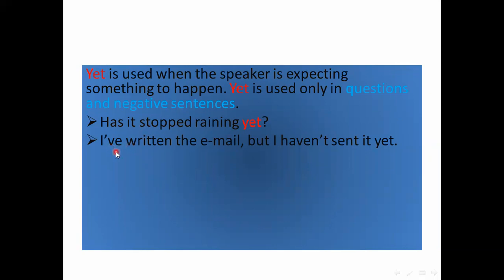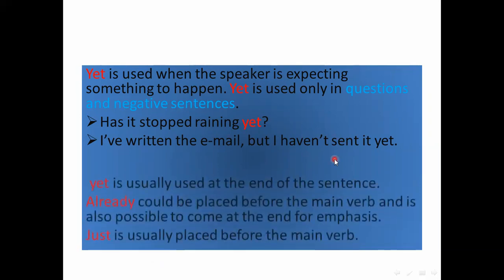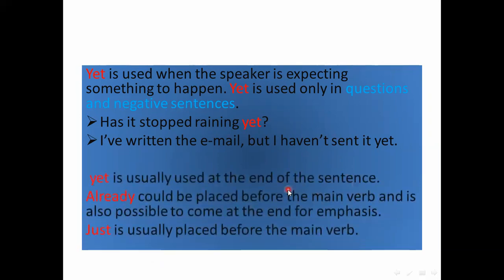In the second example, I've written the email, but I haven't sent it yet. So yet is used with the question and negative. And just see the position of yet. Yet is placed at the end of the sentence. These are the rules of these adverbs.